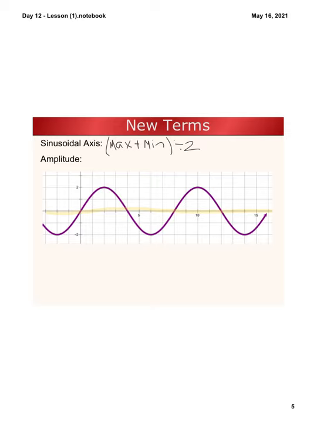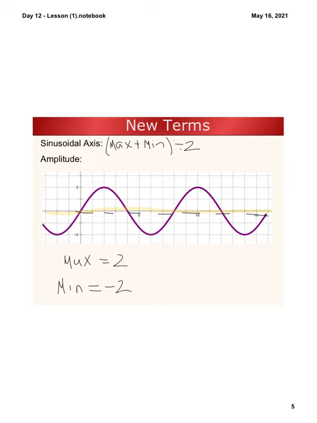So if we think about what's happening here, I have a maximum of 2, I have a minimum of -2, and so if I do 2 plus -2, I get 0, divided by 2, and I get 0, which is exactly where this sinusoidal axis is.